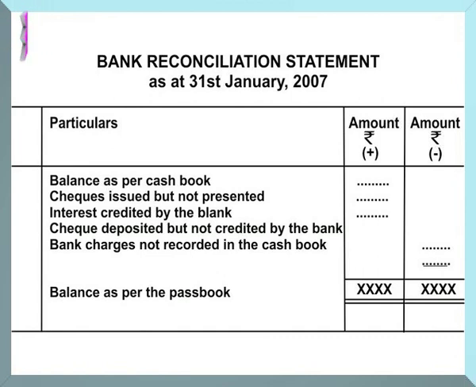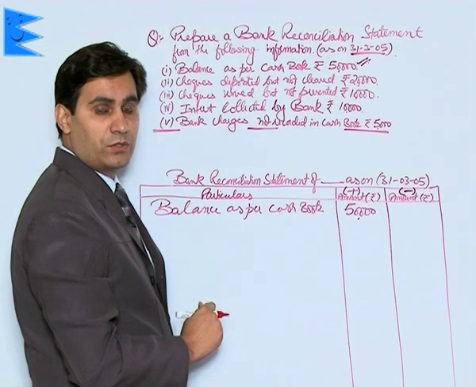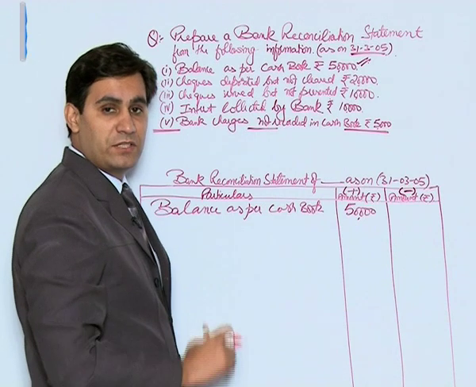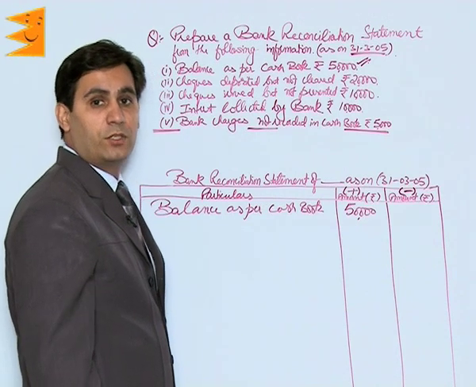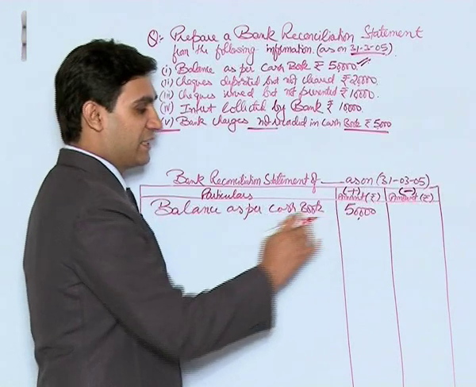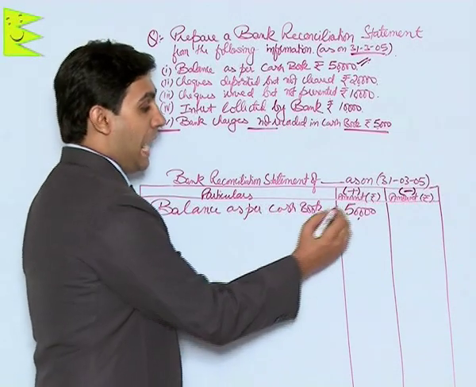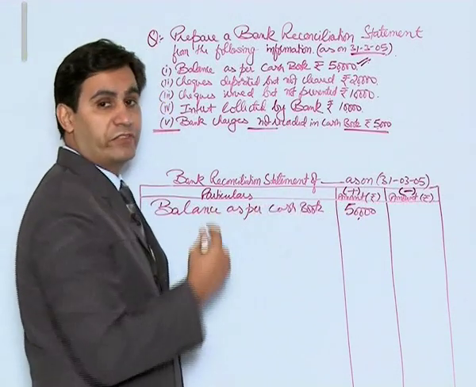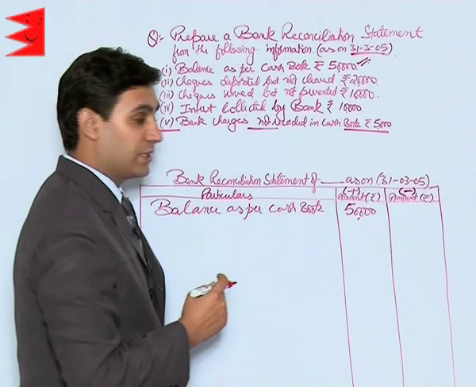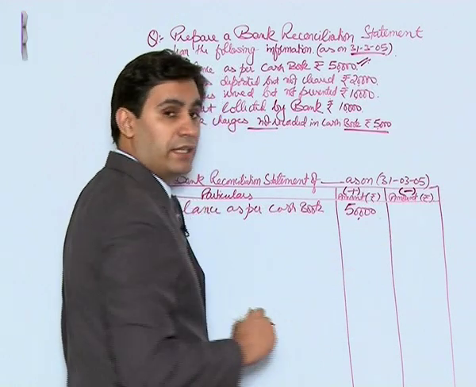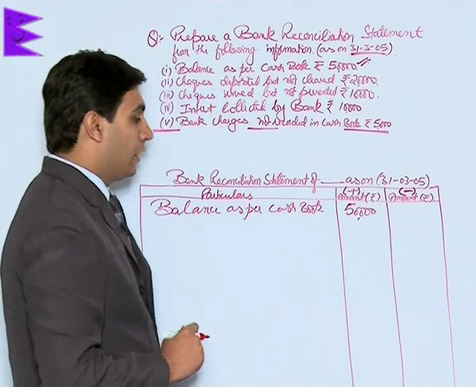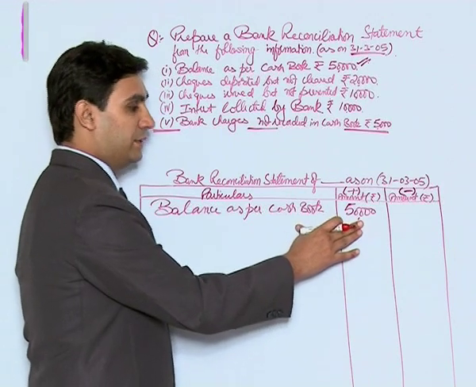Now balance as per cash book 50,000. The balance, if nothing is mentioned in the bank column, is taken to be positive. So on the positive side 50,000. Had it been mentioned overdraft or credit balance, then we would have taken it as negative balance. Now in this case it is positive balance.